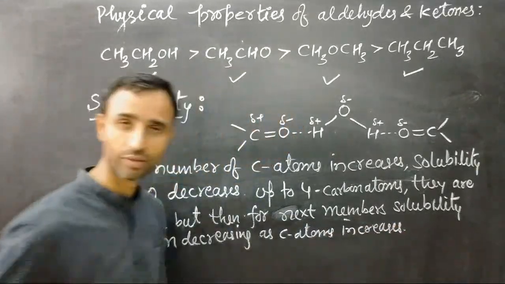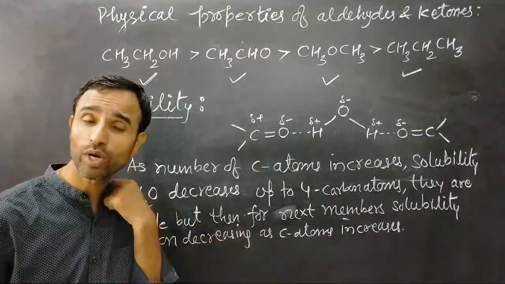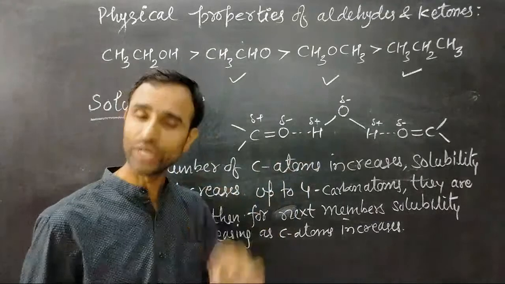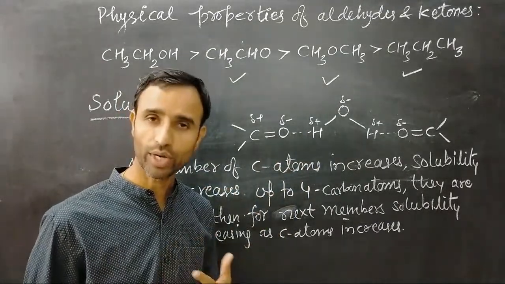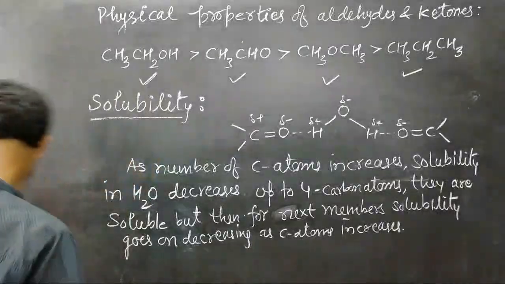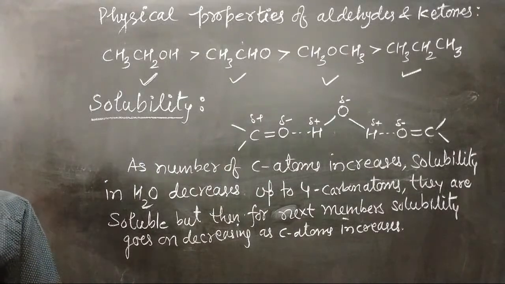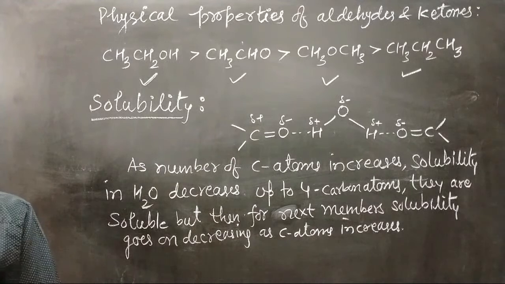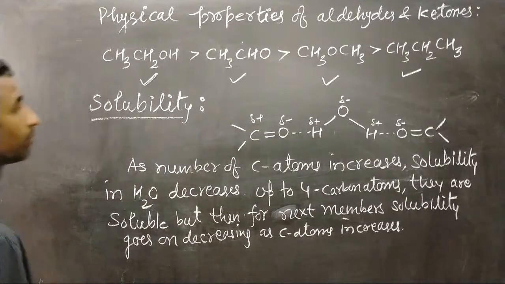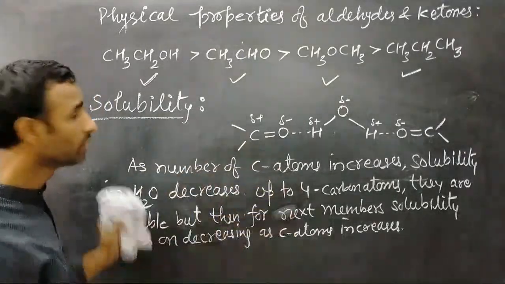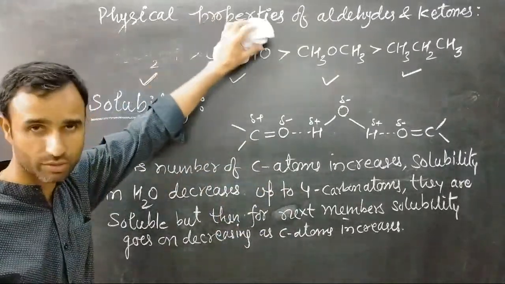You know that because non-polar part increases, so hydrogen bonding becomes weak. Hydrogen bonding becomes weak, right? Yes, because of chain. Okay. And because of that hydrocarbon part, they are soluble in organic solvents. Okay.